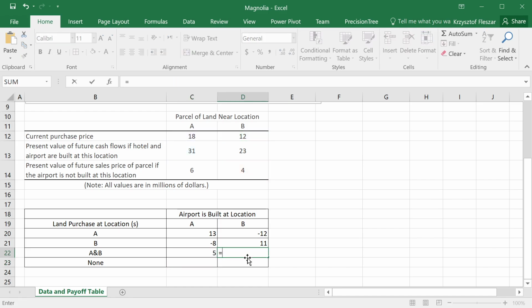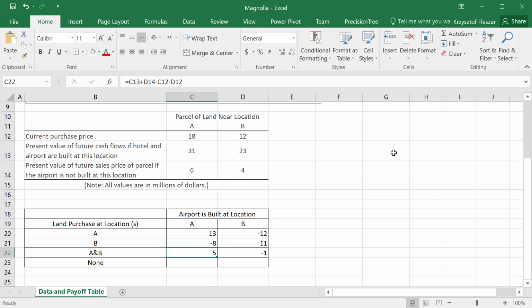And in this case, location B is the right location. So I get 23 million for location B, and I get 6 million for location A only, and then I subtract 18 and subtract 12 again. So here we get a loss of 1 million. This is a much less risky option with, of course, a higher initial investment.